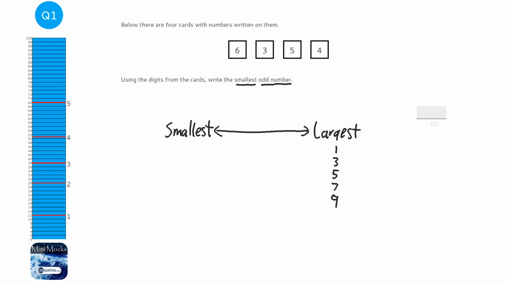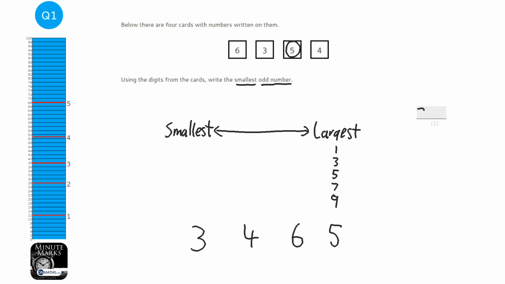However, 6 is an even number. Therefore, if we end on a 6, it will be an even number. So we've got to look at the largest odd number, which is the 5. So the 5 is going to go here to make the number odd. Then we need to use up that 6 next. And then the next largest number is the 4, and then 3.